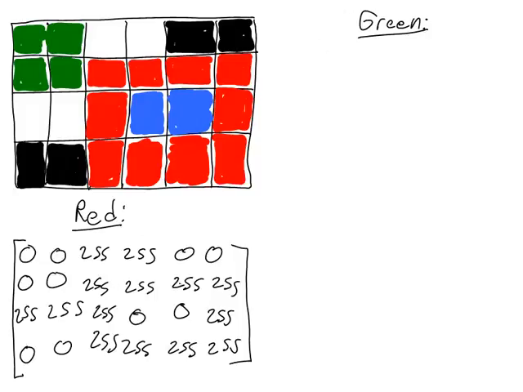Just like with the red image, for the green image, green pixels and white pixels will give a high value because they have a full intensity of green light. All other colors, including the black pixels, will give a 0 intensity. So I'm going to give a value of 255 for the green and the white pixels.